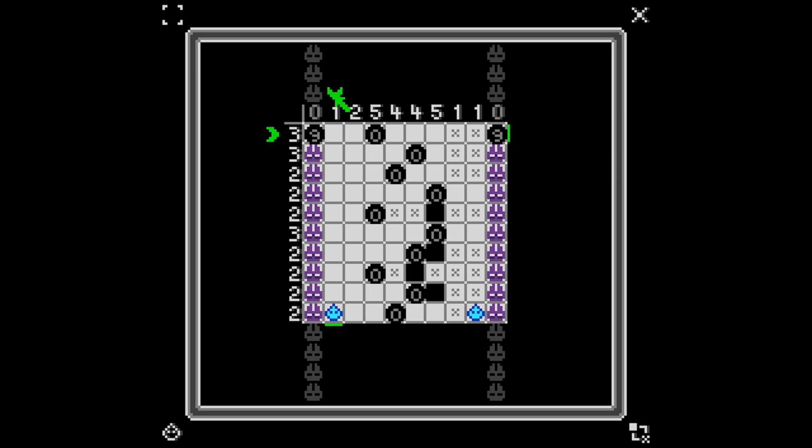And if you look on the left side, we have a similar situation, except there are three walls total in these two columns, and there are three bombs they must block. That means the rest of the spaces in these columns are empty.